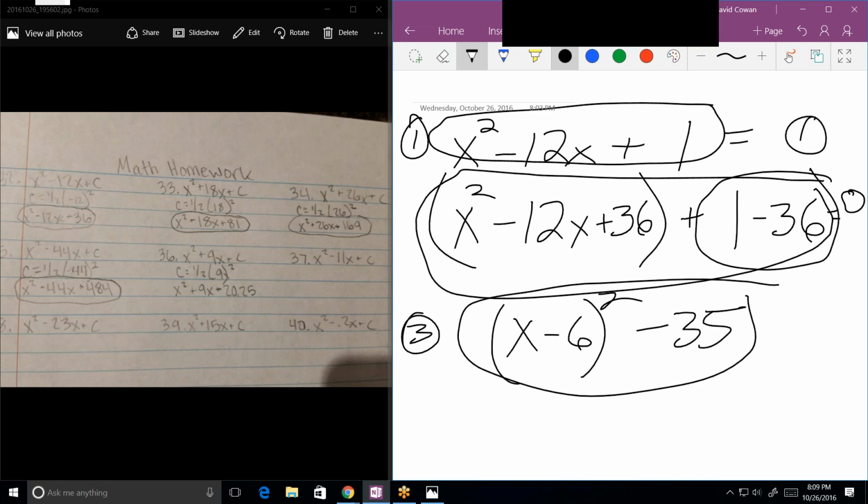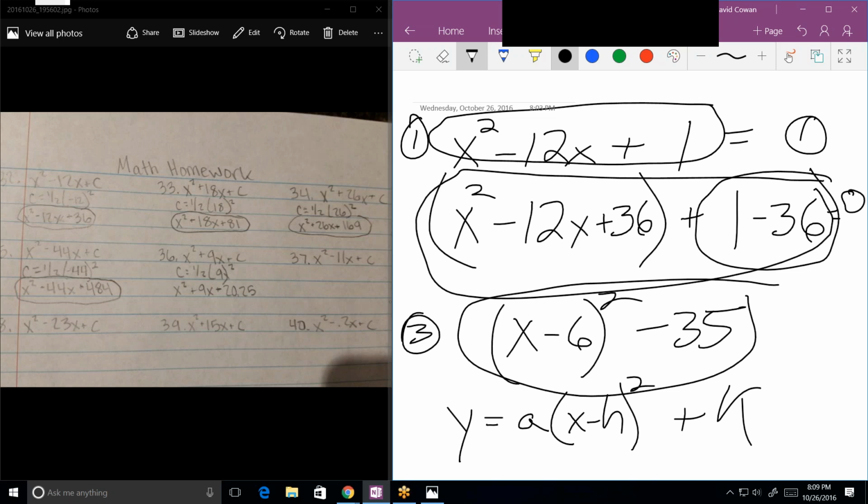Remember what vertex format is. Y equals A times X minus H squared plus K. So if I started with number 1 and I converted it to number 3 by just manipulating it, I didn't change it. Now it's perfect vertex format.